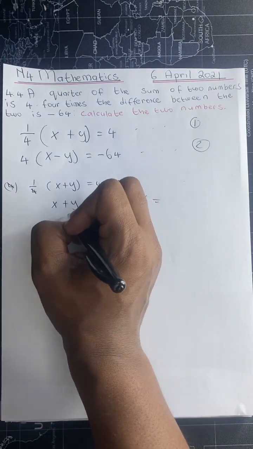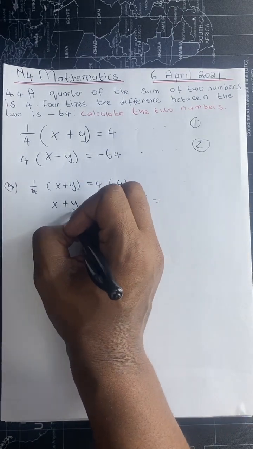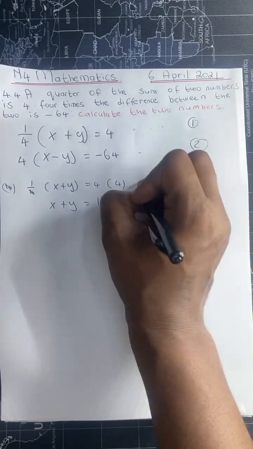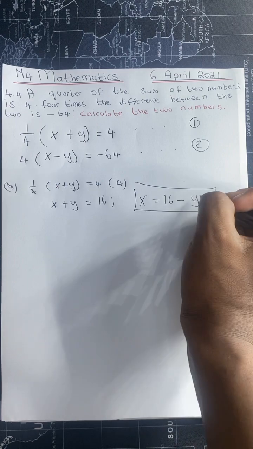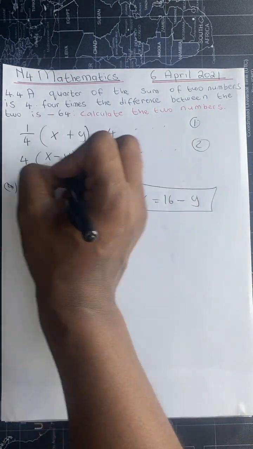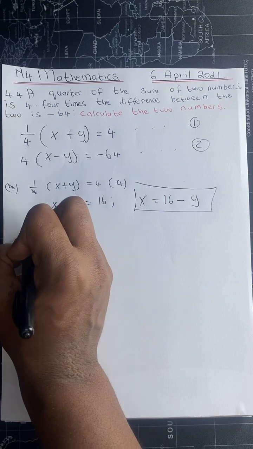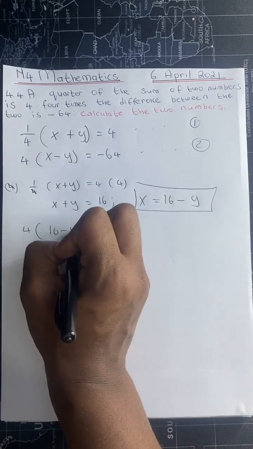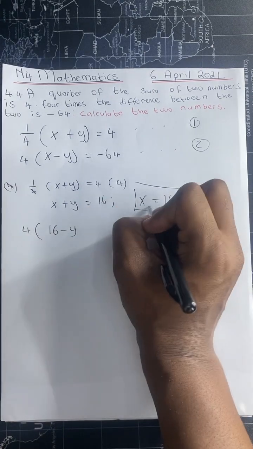We take the y to the right, it's going to change sign from positive y to negative y. So x is equal to 16 minus y. So we substitute this x into the second equation. Where there is x, we substitute 16 minus y, because 16 minus y is equal to x.